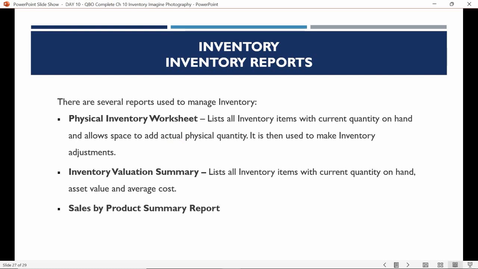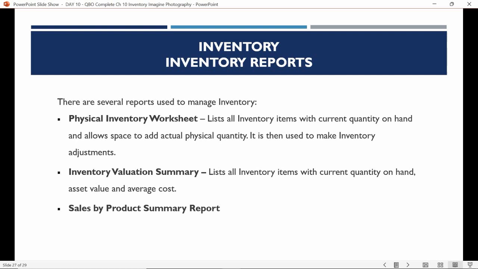Because again, you can't rely on a computer system to tell you how many items you have on hand at all times. Realistically, if you don't have a really good system where you're taking a physical count, who knows? Maybe an employee took an item from the inventory, or maybe you sold to somebody, or maybe it was a buy one get one free and you never adjusted the inventory for that.